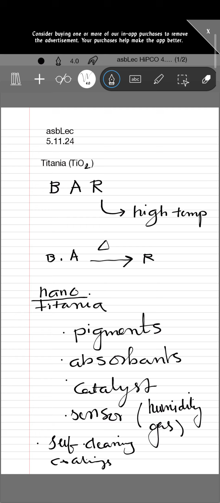These are some of the applications of titania, especially nano-sized titania.